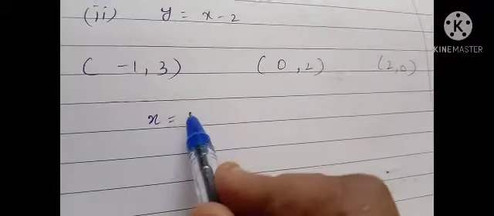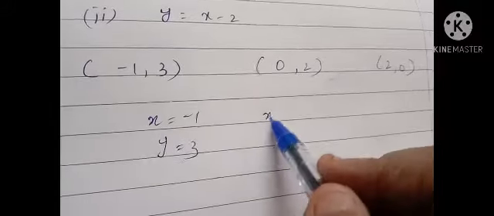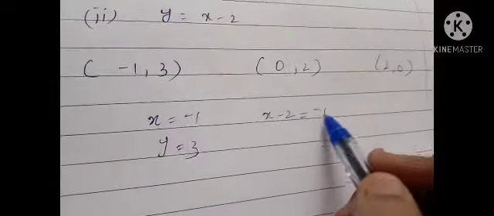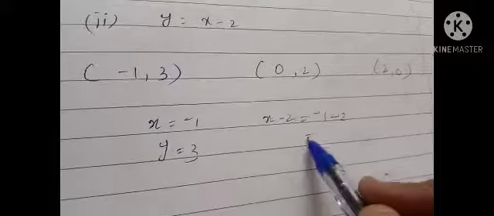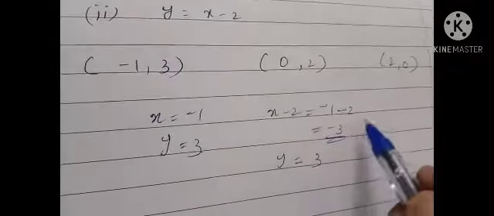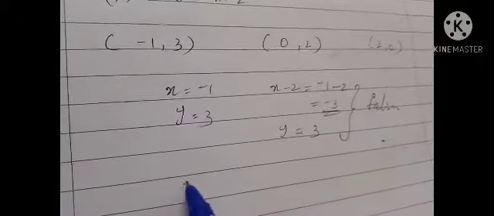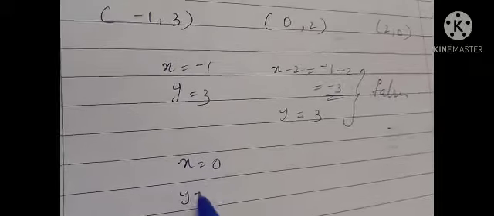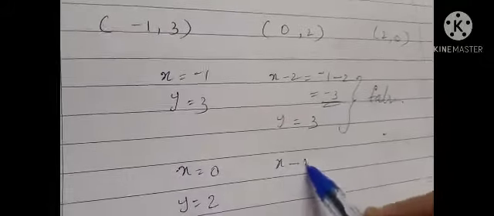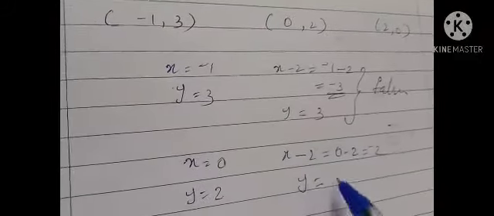So first solution, x equal negative 1, y equal 3. We have to check x minus 2, that is negative 1 minus 2, that is equal negative 3. y equal 3. Here these two are not equal, so it will be false. Then for the second solution, x equal 0, y equal 2, x minus 2 is 0 minus 2, that is negative 2, and y is given as 2.